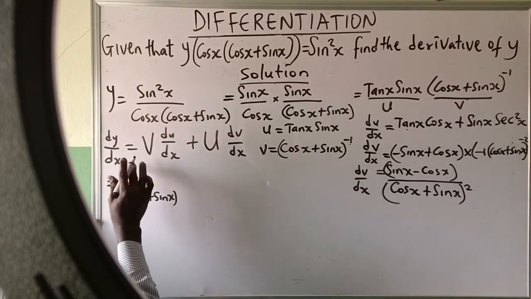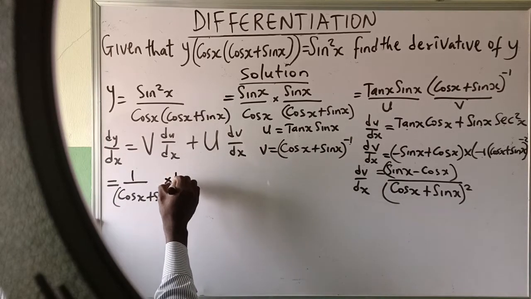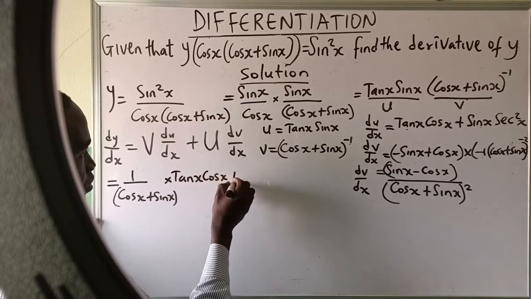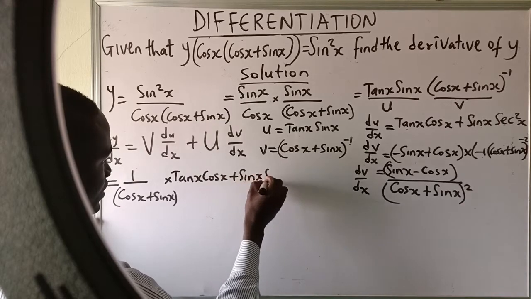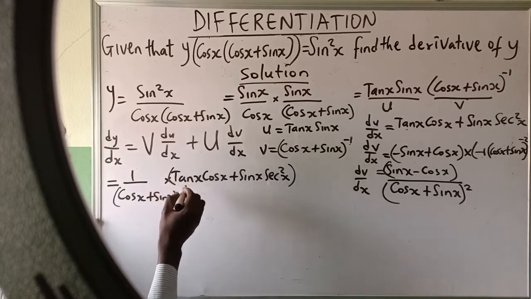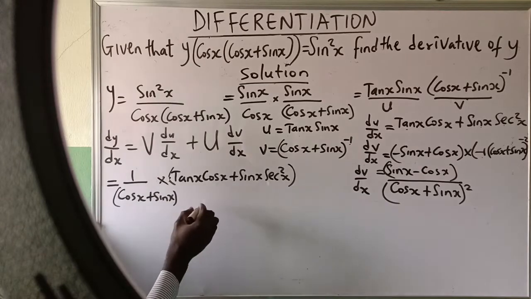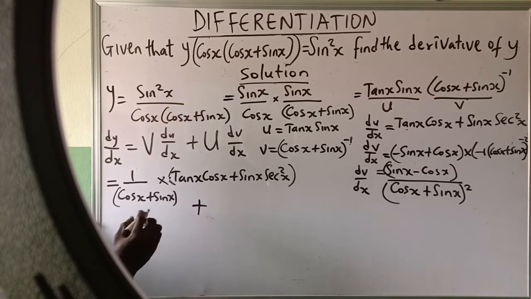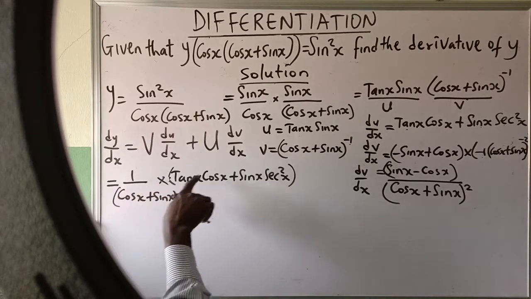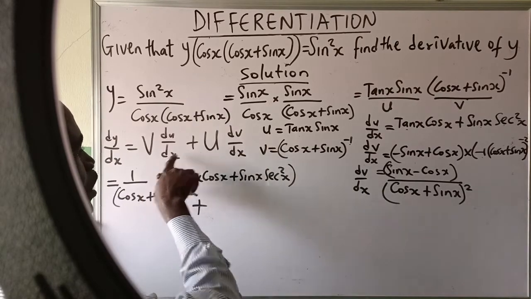So times du/dx is tan x cos x plus sin x sec squared x. Okay, so you now say plus, what is your v? We wrote our v and we wrote our du/dx.